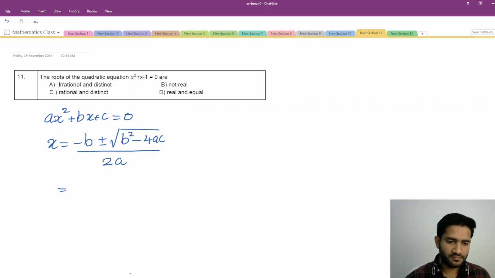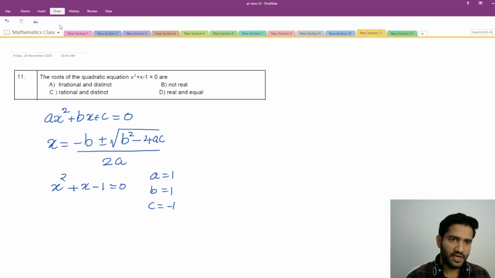Here in this question, x square plus x minus 1 equal to 0. So a equal to 1, b equal to 1, c equal to negative 1.